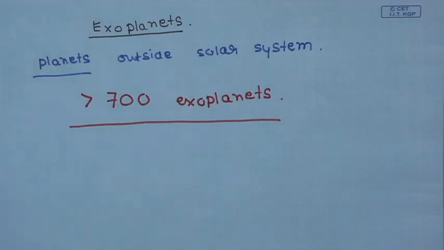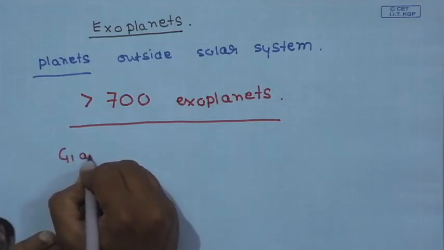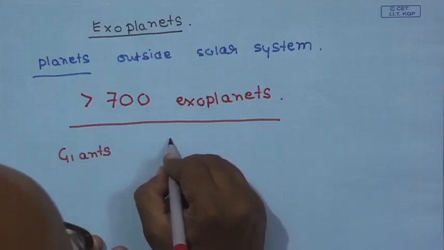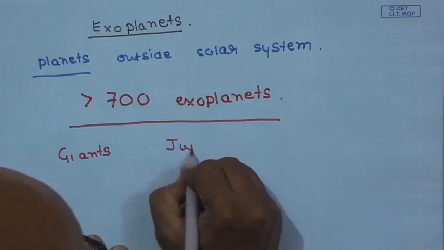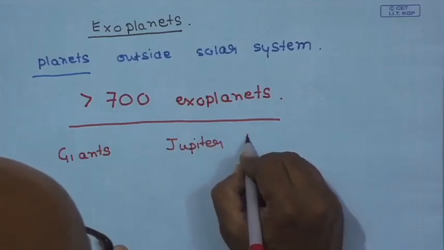Now, most of these planets that have been discovered are actually giants, like Jupiter and Neptune.